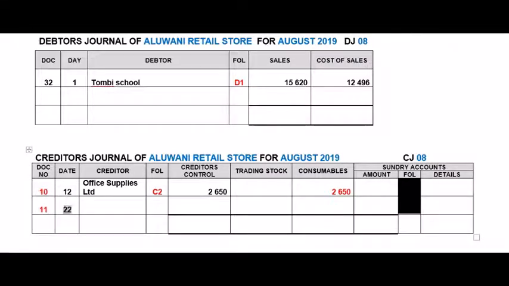The date is the 22nd. The company, our creditor, is Repta Limited. We already have a creditor number 1 and 2 in this exercise, so we make them creditor number 3. The value must go to creditors control, and we bought trading inventory. Trading stock is the same as trading inventory.